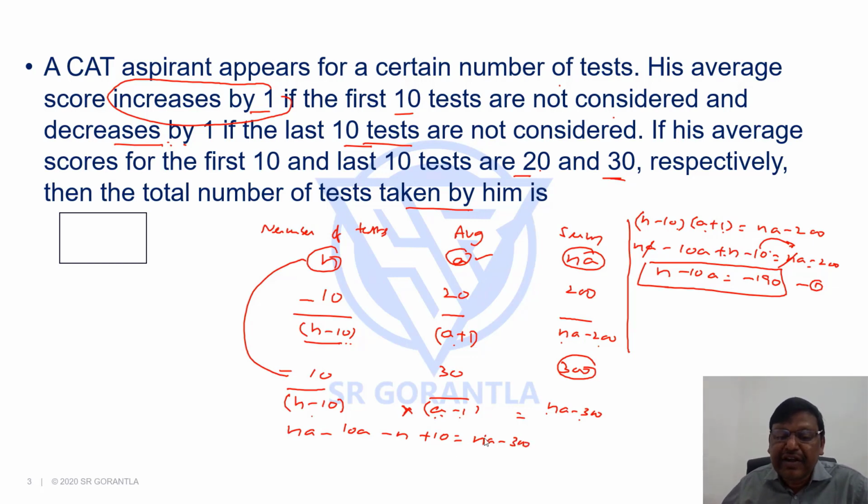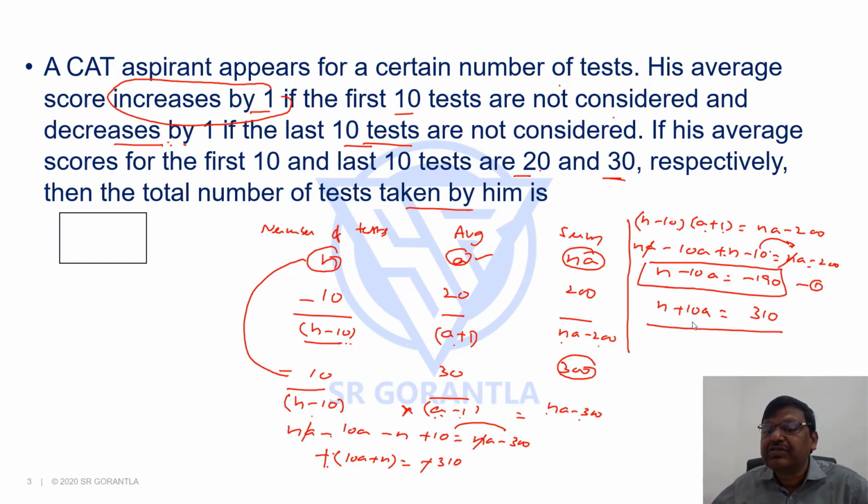If you see here, NA gets cancelled. If you take minus common, 10A plus N equals, this 10 goes to the other side, minus 310. So minus gets cancelled. We have N plus 10A equals 310.